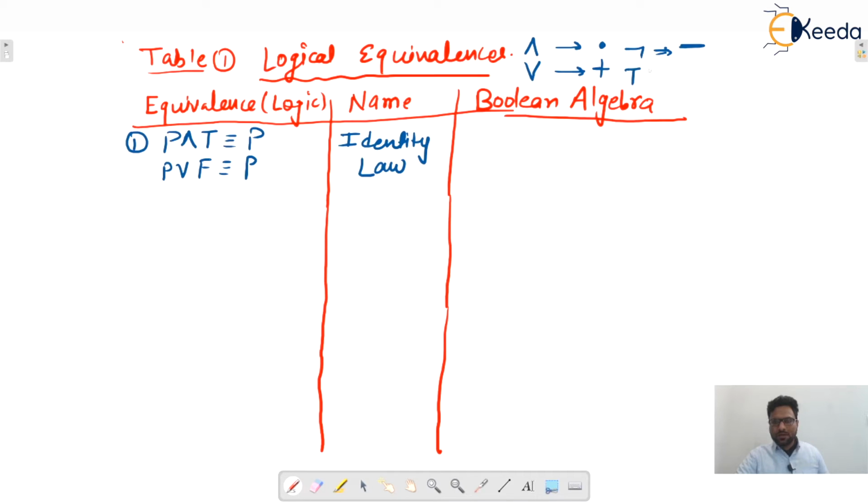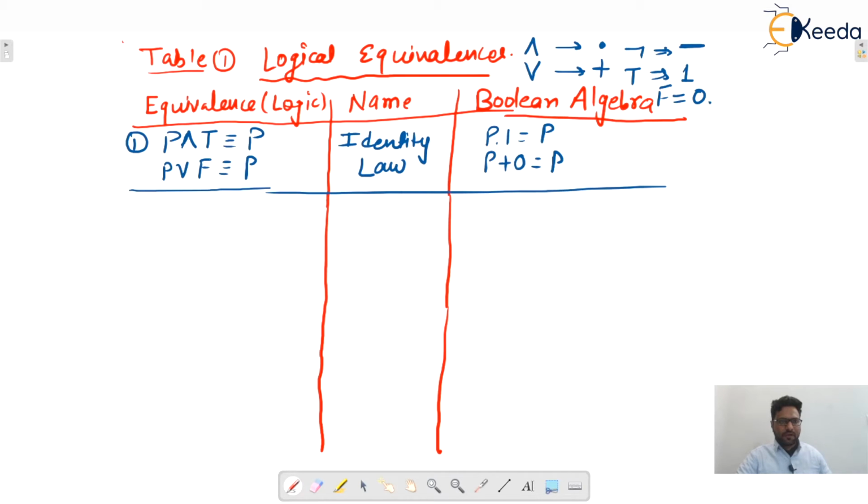Also, true is represented with 1 and false is represented with 0. So these are the notations for Boolean algebra, and the others are the notations for logic. So in Boolean algebra we can write P dot 1 is always P, and P plus 0 is equal to P. Write down the second one.